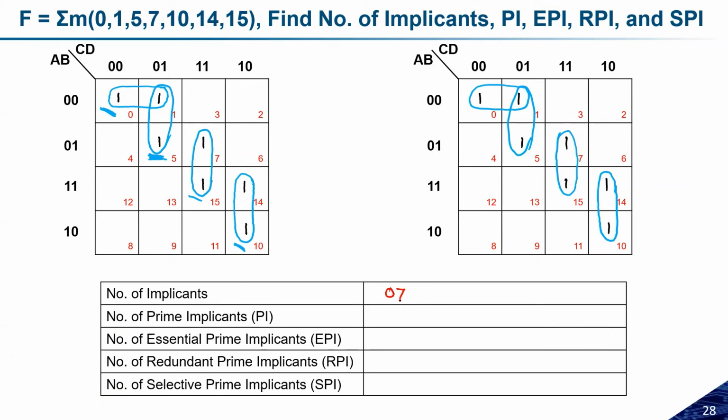Number of prime implicants: how many do we have? 4? What is the definition of prime implicants? Covering all the pairs. 6. Who said 6? Arpit. Okay, 6 is the correct answer.